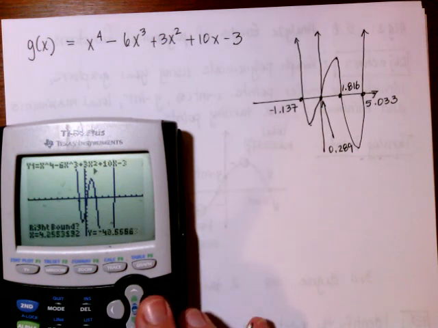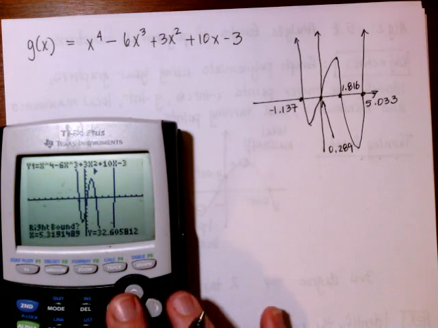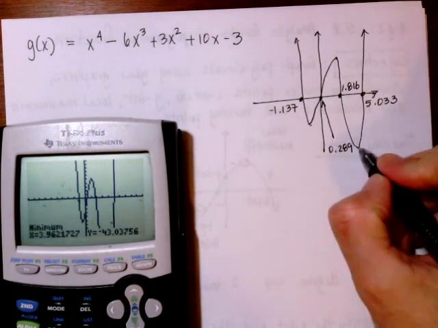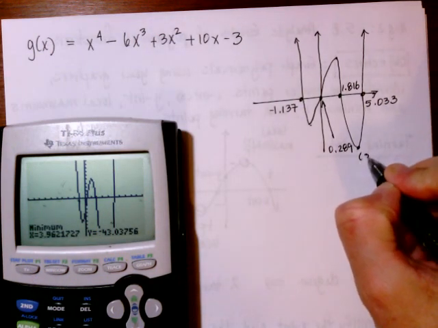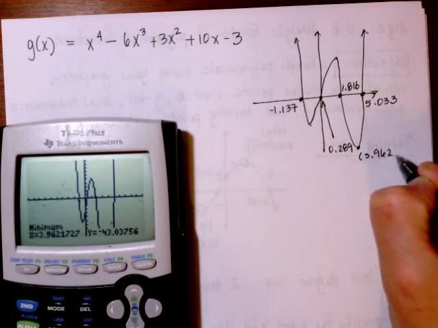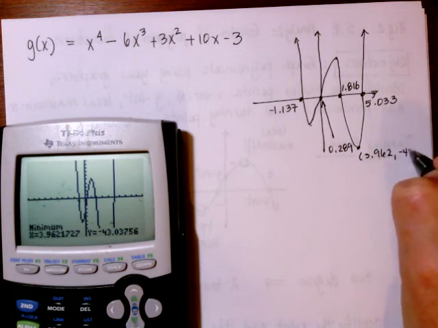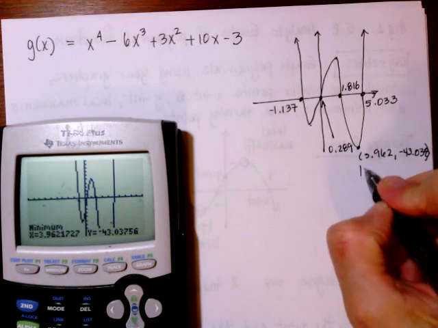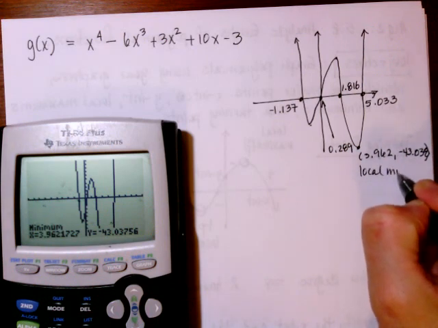That's my bad. Oh, I passed it. This one's really hard to see. Enter, enter. All right, so the vertex that's hiding down here that we can't see is 3.962 and a negative 43, which is why we can't see it, 0.38. Okay, there's that guy. And this one's going to be a local minimum.